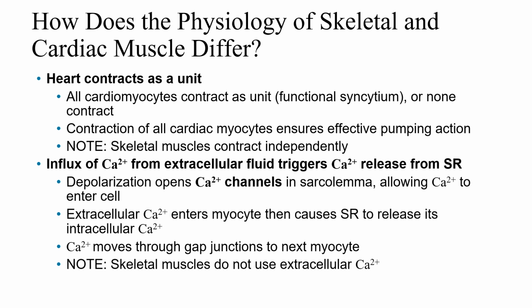So it's extracellular calcium entering the myocyte, then causing a release of internal calcium as well. Calcium will move through the gap junction into the adjacent myocyte. Skeletal muscles, on the other hand, are not using extracellular calcium to cascade these effects. So cardiac muscle uses calcium from the ECF to begin the steps needed to form a contraction.